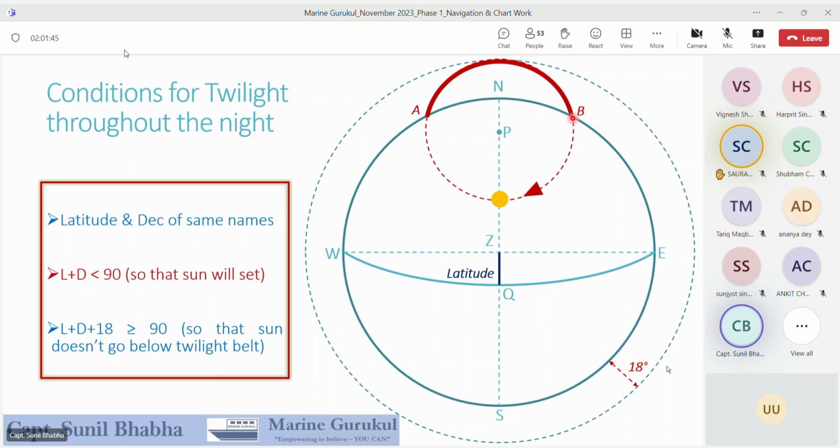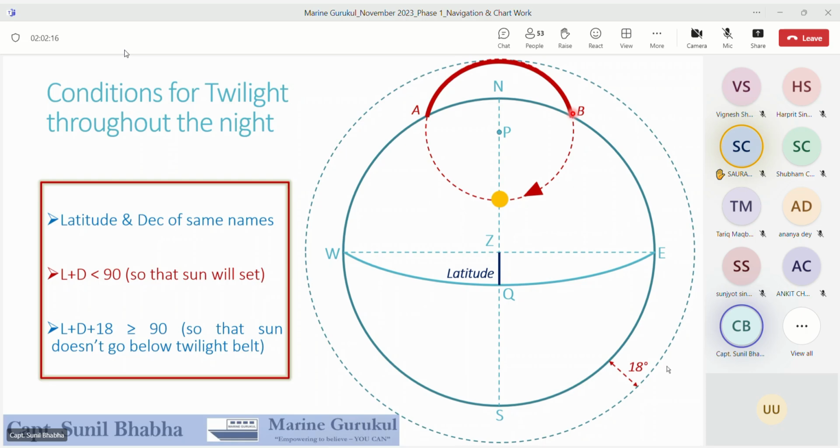If you observe carefully, throughout this interval, that means from the sunset at point Alpha up to the next day sunrise at point Bravo, the sun has remained within the 18 degrees belt. It has not gone below the 18 degrees belt at any time. So this tells us that throughout the night, that means from point Alpha to point Bravo, the twilight continues.